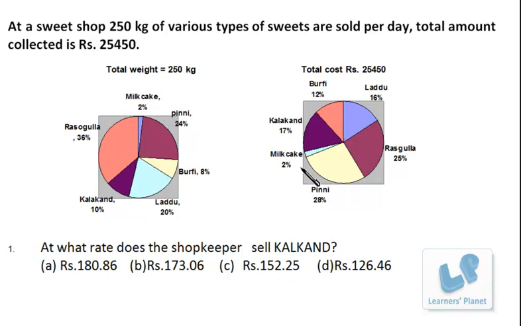It's 2%. So 2% of 25450 is around 500 rupees, right? So this 5 kilogram milk cake, the weight is 5 kilogram, and the cost price of that 5 kilogram is around 500 rupees. So this is how the calculation is done.